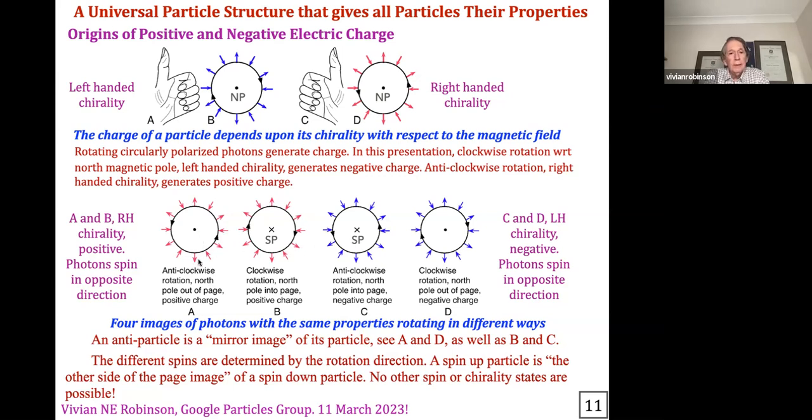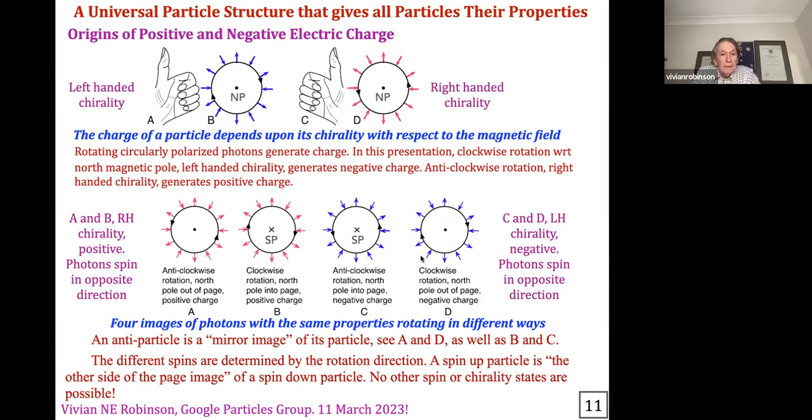Here, if you look at A, you'll see that's a mirror image of D. You'll see they're both moving up that way in the middle, and both North Pole, they're mirror images of each other, and mirror images of each other makes them antiparticles. Now, it's been known for a long time that antiparticles are a mirror image of particles, and this is one of those reasons.